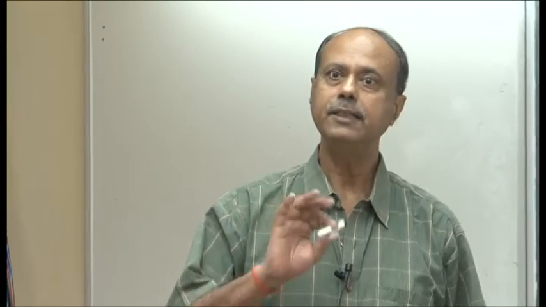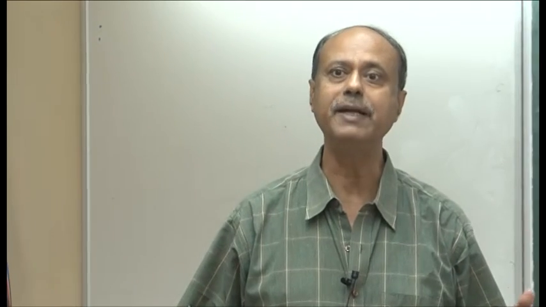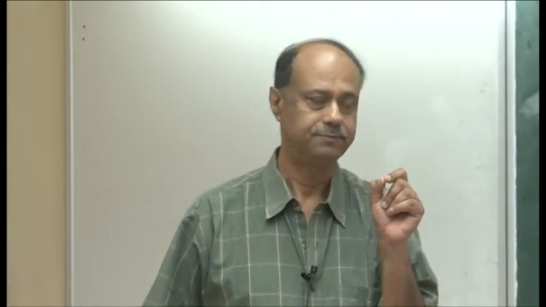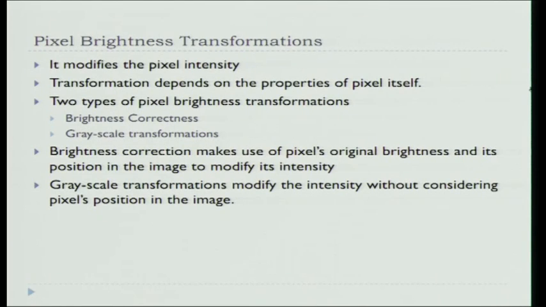So, there is no question of geometric transformation; this is a question of radiometric corrections, that you need to do some corrections so that it automatically looks better. It is pixel by pixel, so it modifies the pixel intensity.